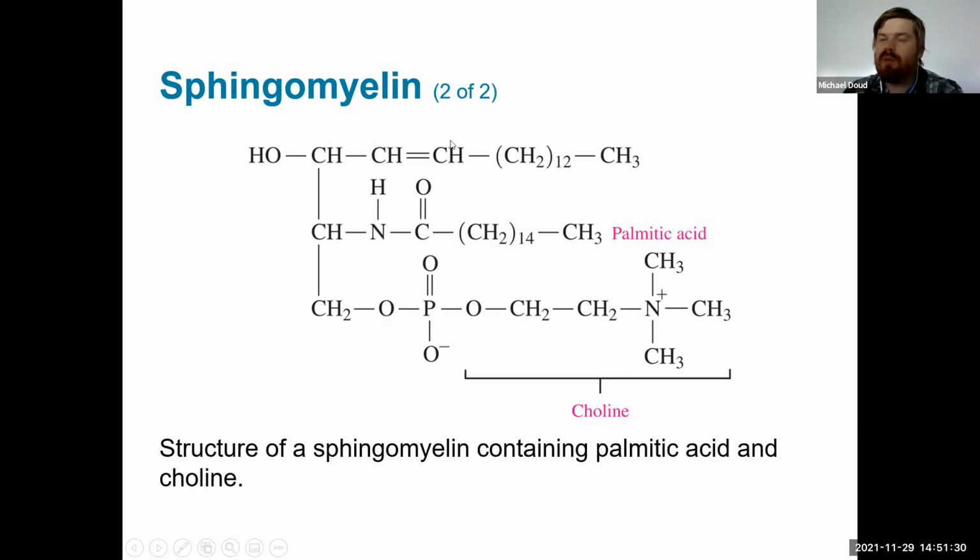Now, you don't have to memorize the structure of sphingomyelin. You just need to be able to recognize it based on the condensed structural formula that we have here. So here's our condensed structural formula. You form an amide bond with the fatty acid here, and then a phosphoester bond that's going to connect the phosphate group to the sphingosine, to the amino alcohol.